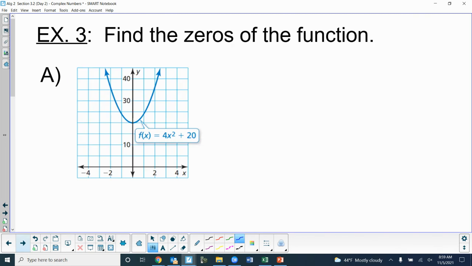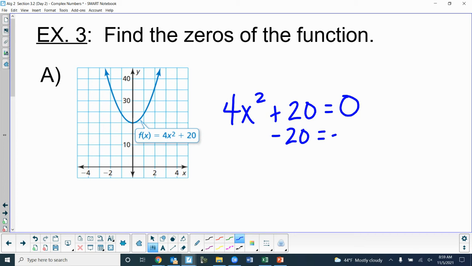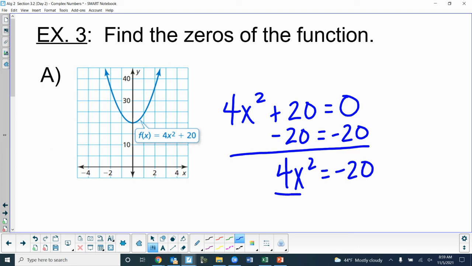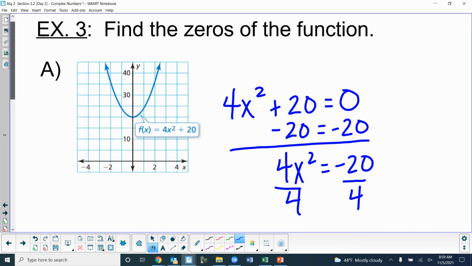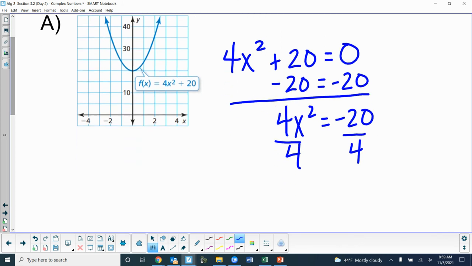Oh, here's the same type of problem. But do I need to go through it? Okay, I can. Just set it equal to what? 0, right? And then do what we just did, subtract 20. Divide by 4. So we get -5.